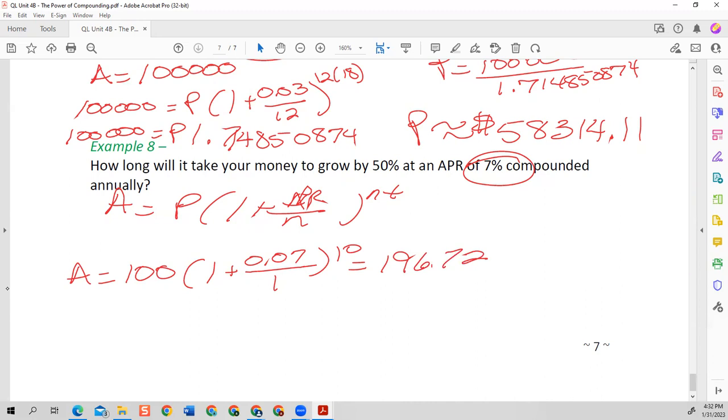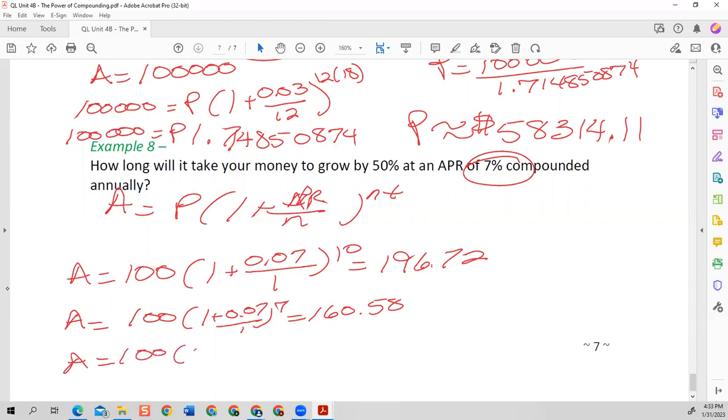Okay, so we're trying to figure out how we're going to come up with it, right? And then next I'm going to take the A equals the 100, 1 plus 0.07 raised to 7. And that gives me 160.58. And let's say, okay, well, let's do 5 years, we're going to keep going.